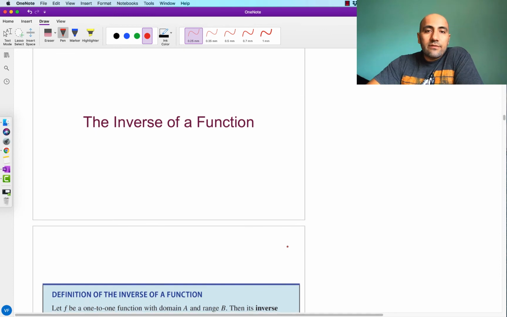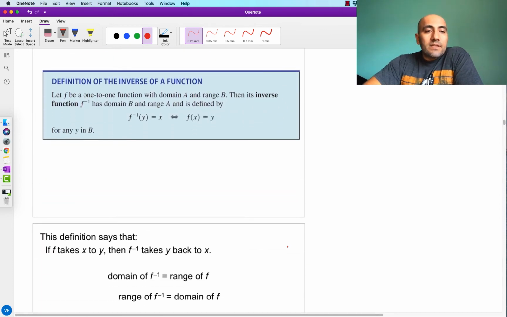Okay, the inverse of a function. So the definition: let f be a 1 to 1 function with domain A and range B, then its inverse function, and we adopt this notation right here with f with a tiny little -1 up in the exponent, has domain B and range A, and is defined this way. f inverse of y equals x if and only if, this double arrow interprets as if and only if, f of x equals y.